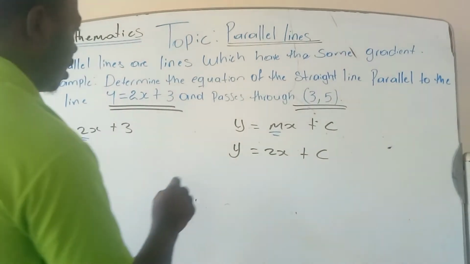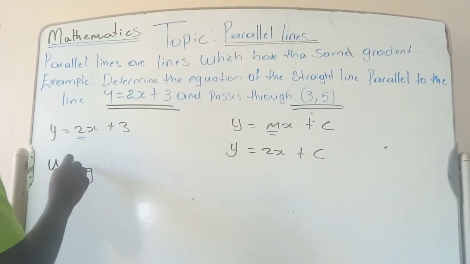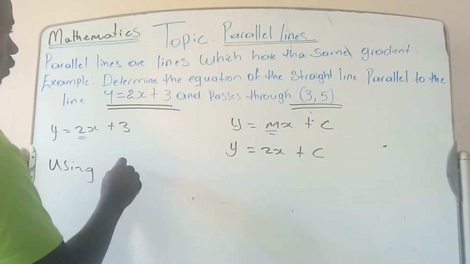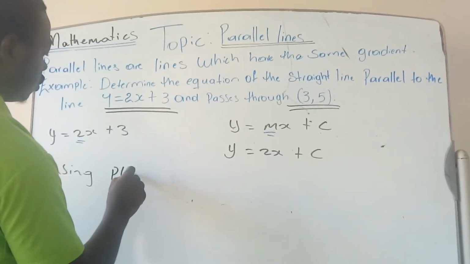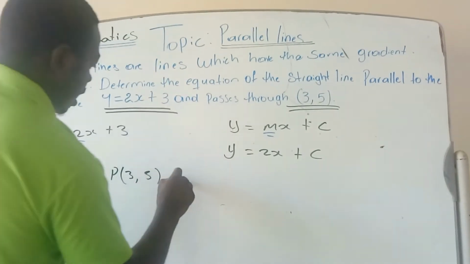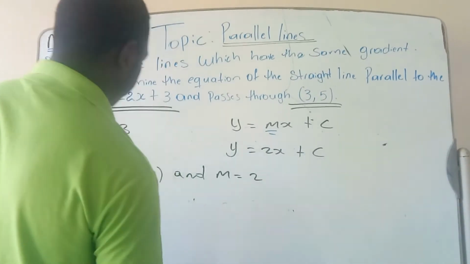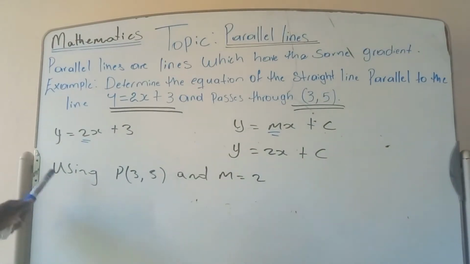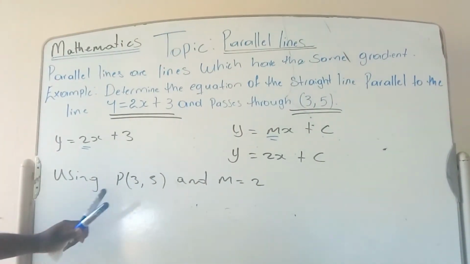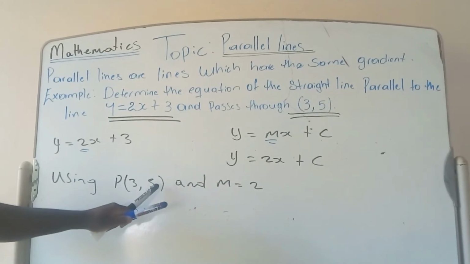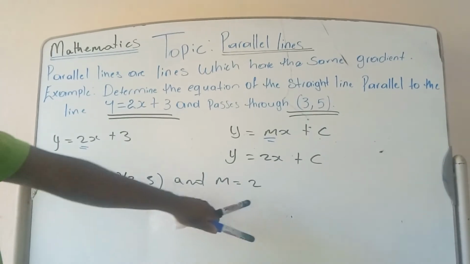So I can say, using the point 3, 5 and the gradient m, which is equal to 2, I can use this point now to solve for the value of c. I'm using the point 3, 5, which is from the question, and I know that parallel lines must have the same gradient, so m is equal to 2.